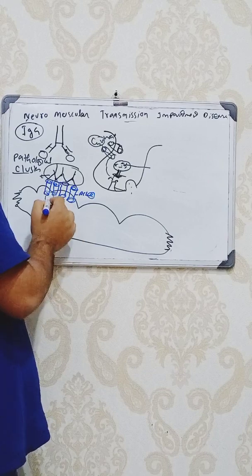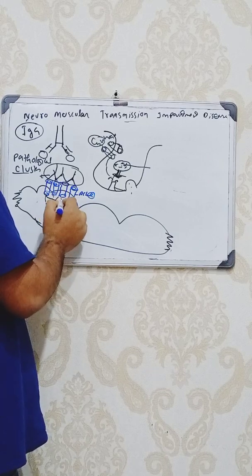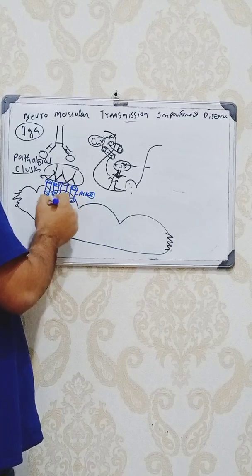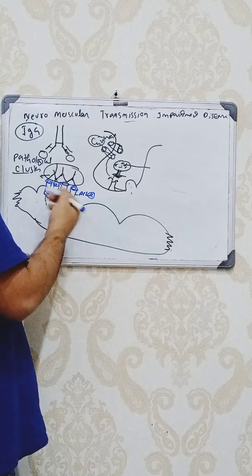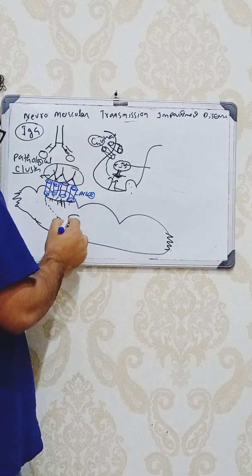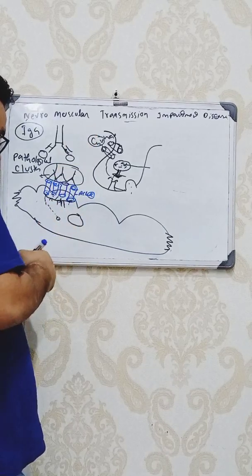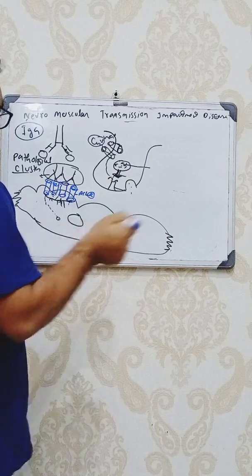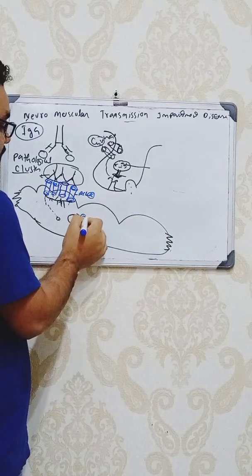From here, a particular protein will come, and that protein will pull down this whole part. Those proteins are responsible for the functions of the membranous disorders. After pulling all these things, we will see this, just like this.